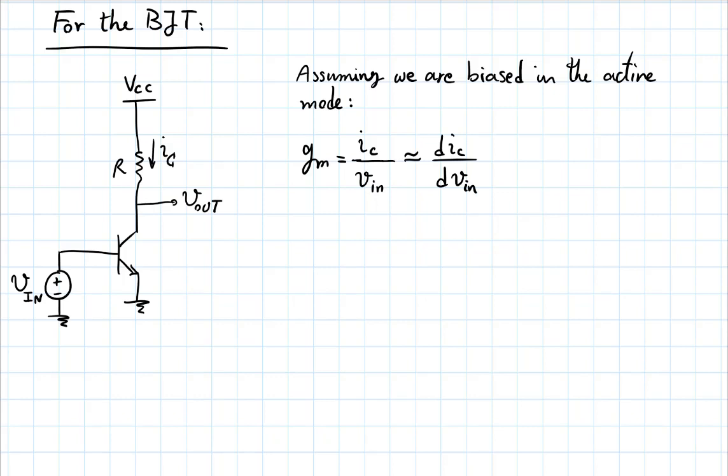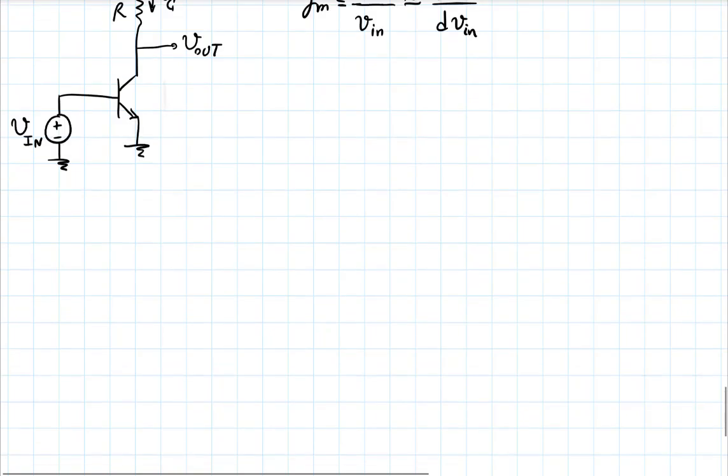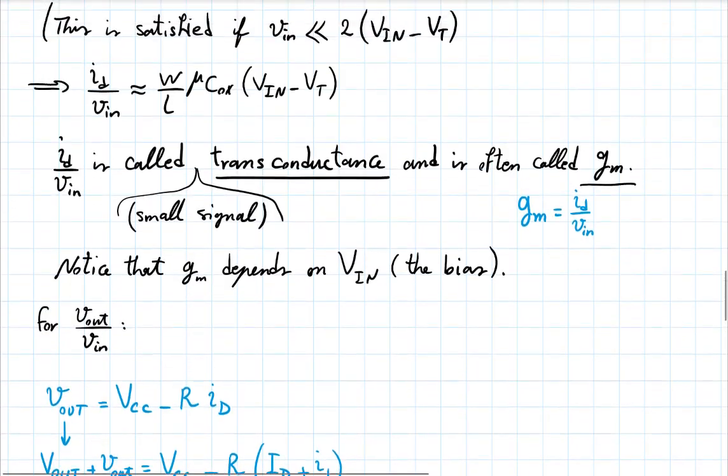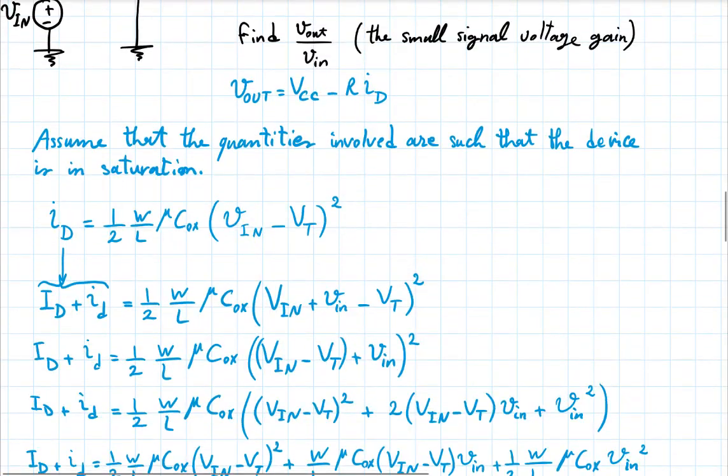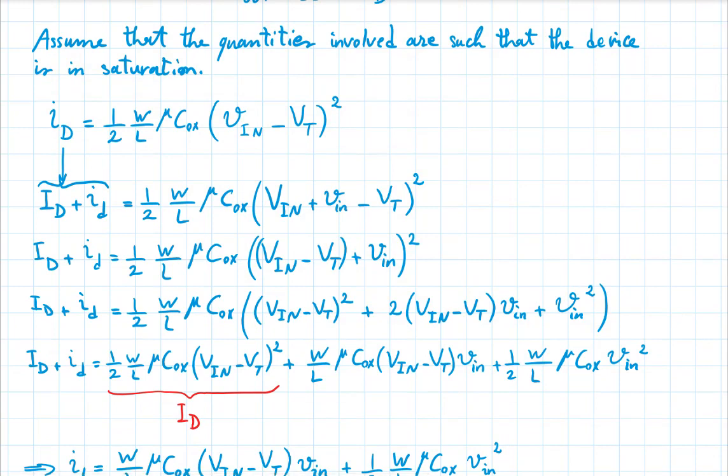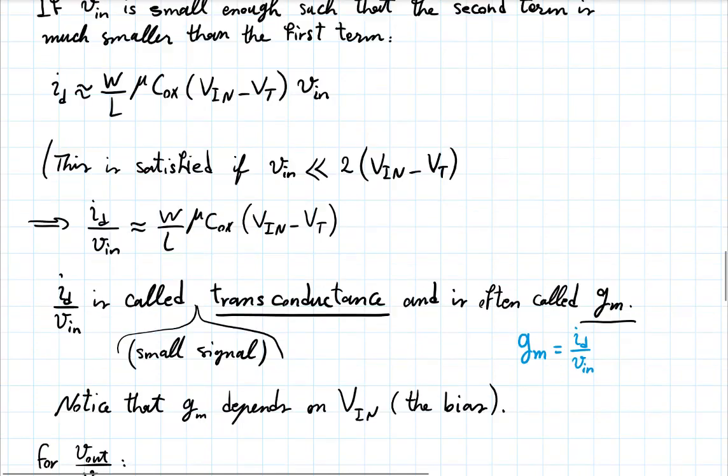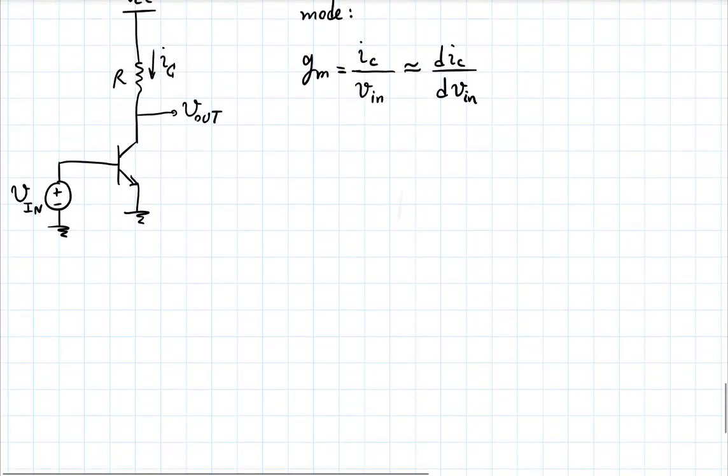right? So I don't want to, again, write the input and output as an expansion, as a sum of bias plus small signal, because it's very much all the same exercise, except that the formula, recall for the BJT, the current is an exponential function.